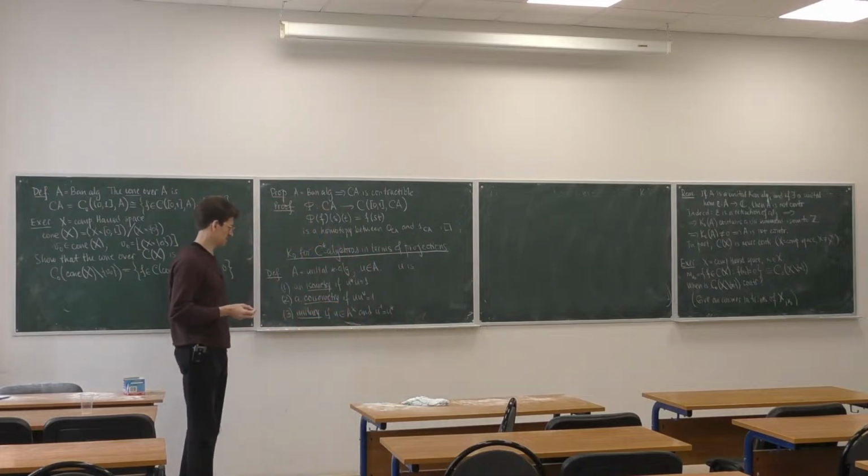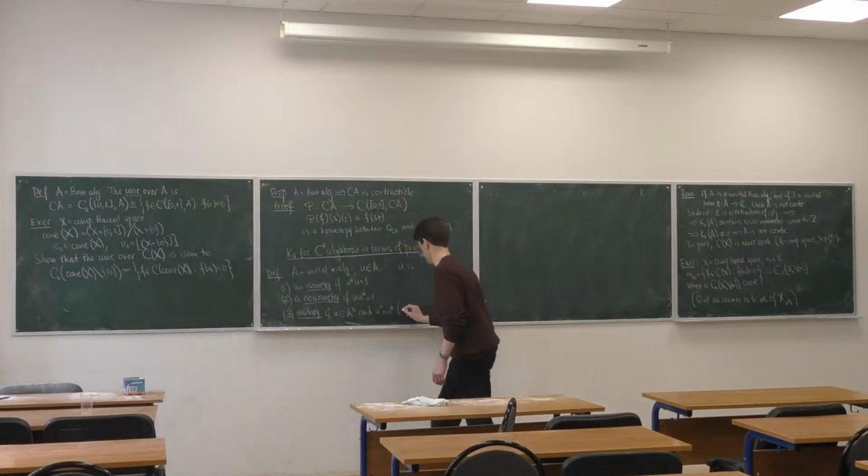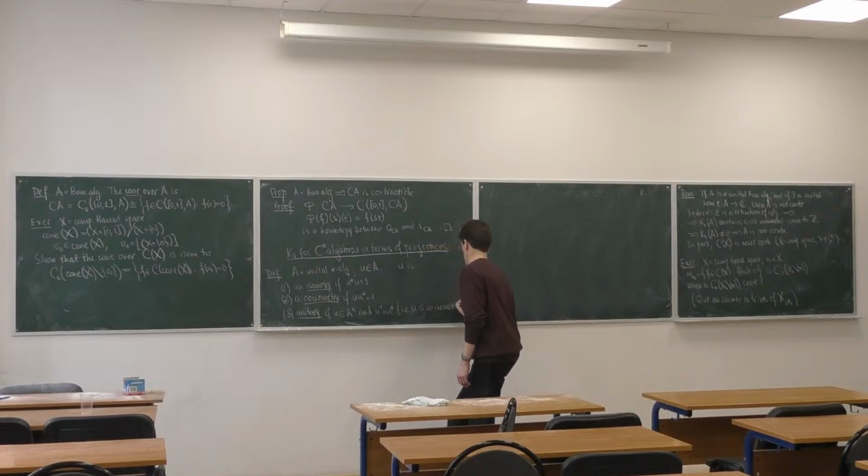Which obviously means that U is an isometry and a co-isometry at the same time.